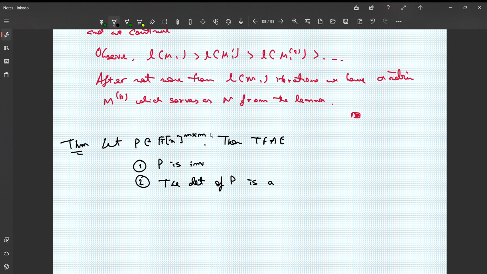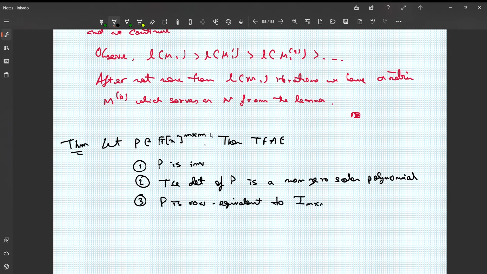What are the following statements? One, P is invertible. Two, the determinant of P is a non-zero scalar polynomial, in other words, a unit. Number three, P is row equivalent to the m cross m identity matrix.